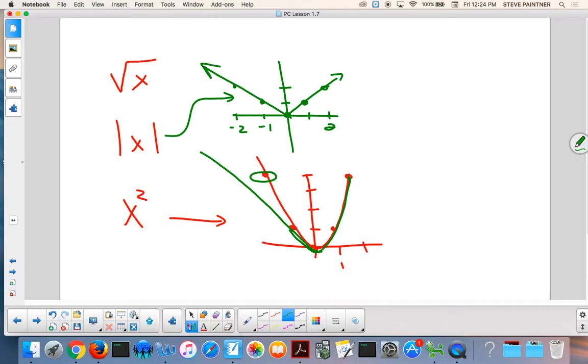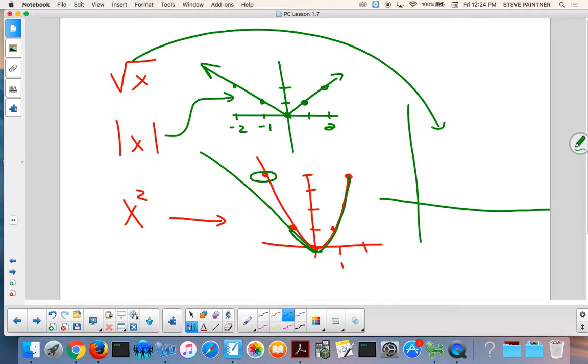This one, a square root function, a little sloppy, some of you. 0 goes in, 0 comes up. Now what's the next good number to put in? 1. You know the square root of 1, don't you? 1 gets what? 1. Next good number. 4.